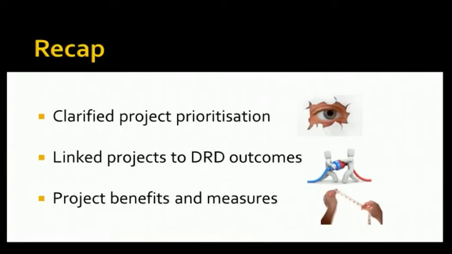And then we talked about project benefits and measures, and Andrew, you had your usual little rant about the importance of knowing what the benefits of your projects and activities are and how to measure them. Absolutely, and making sure other people know about the benefits as well. Well, that's right. So that's a great way of promoting the CRC and what the CRC does. So that's what we covered last episode.